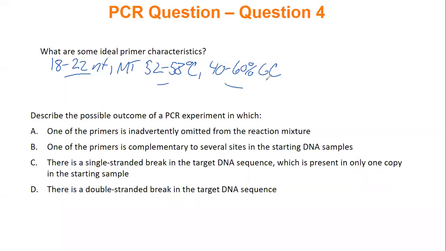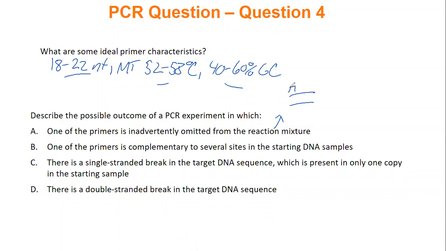All right, so what are the possible outcomes of PCR in which we remove a primer from a reaction mixture? Answering A, B, C, and D here will really help you understand how PCR works. Here's my DNA. Remember, my primers are supposed to flank what I want to duplicate, so I have one on each strand.